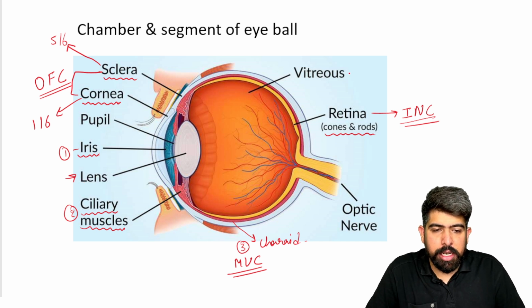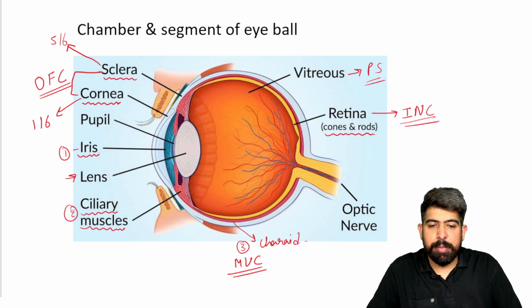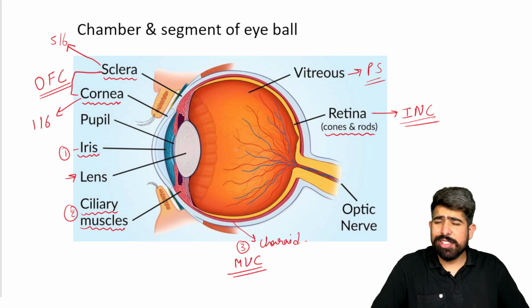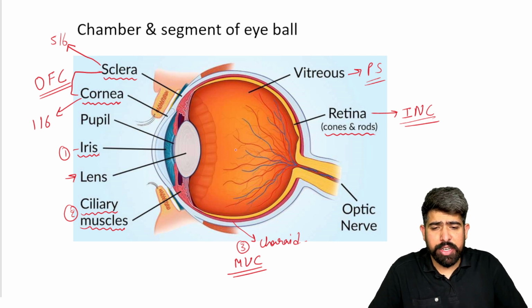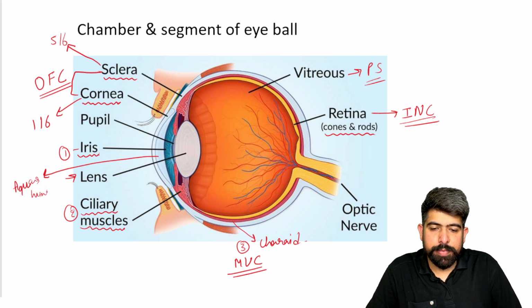The second content is the vitreous, which fills your posterior segment, and it is a gel-like structure. We'll talk about it also. So the whole posterior segment is filled by this gel-like structure, known as the vitreous. And we have one more important content, your aqueous humor, which fills your anterior segment.